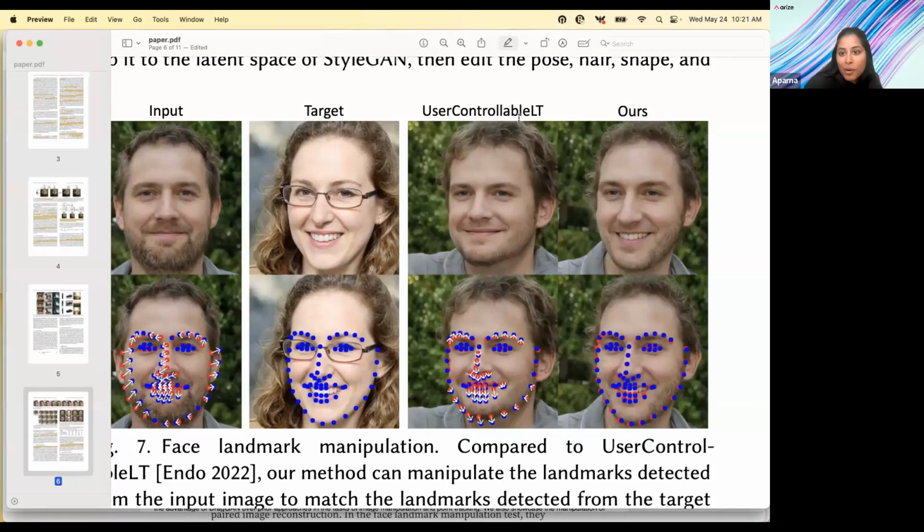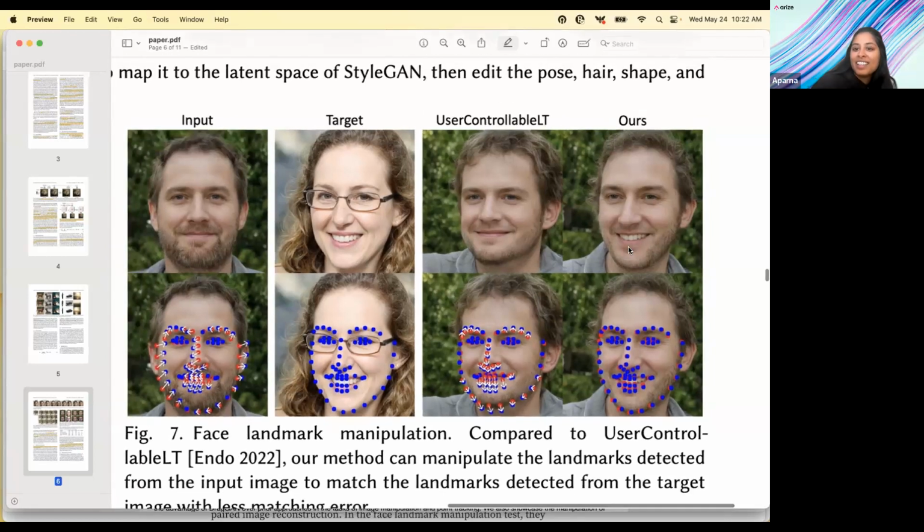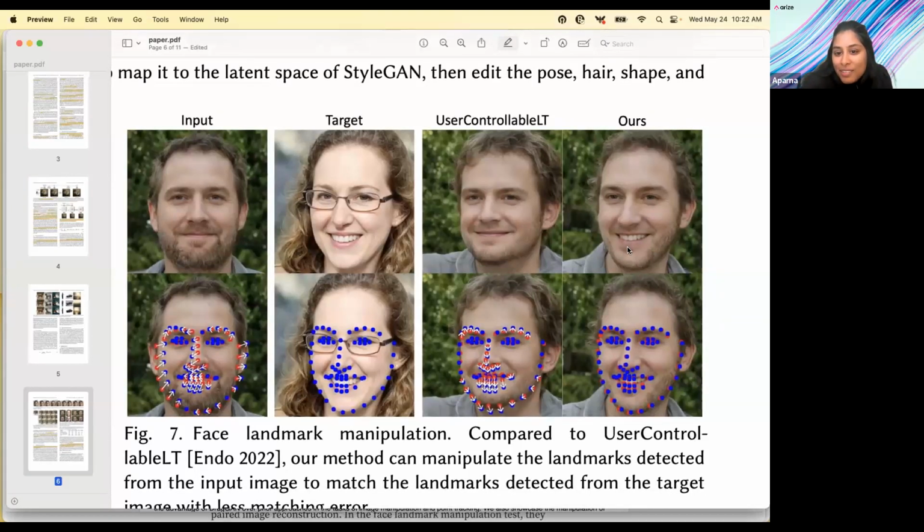And here it moved the parts of the face, but it didn't highlight the teeth, which was there in the target. So just to give you an example, even with the manipulations that the user wants, it's still able to produce more realistic images of what actually would have happened if you had dragged it, which is really, really phenomenal, actually.